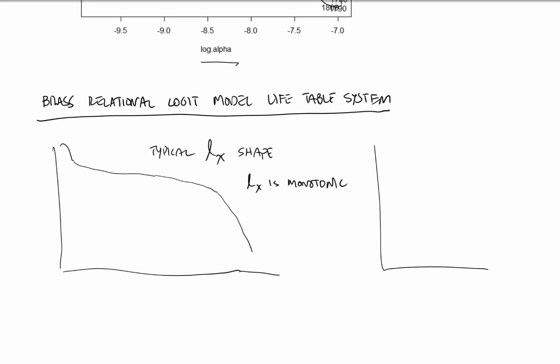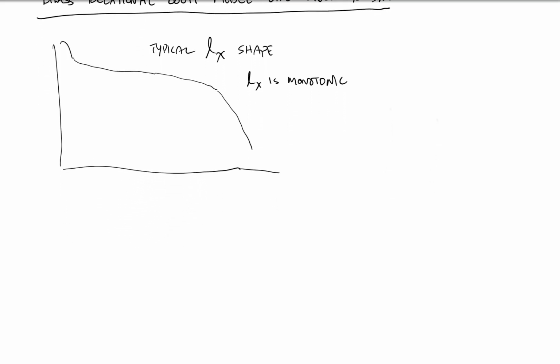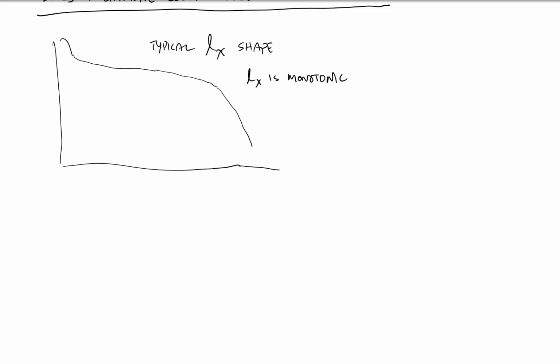So Bill Brass had this idea, and he figured that it's easier to model based on a monotonic function, so he chose the lx. And what was Bill's idea?